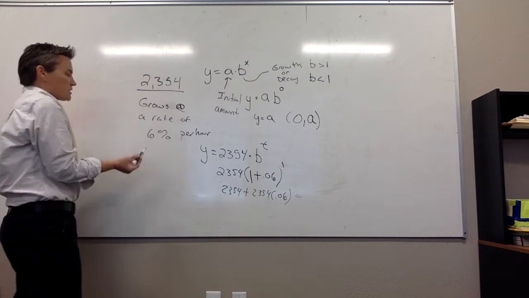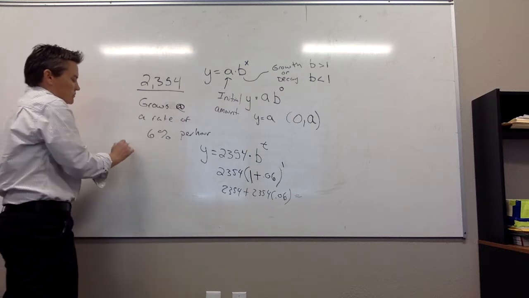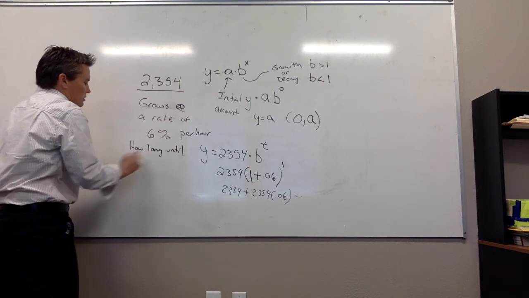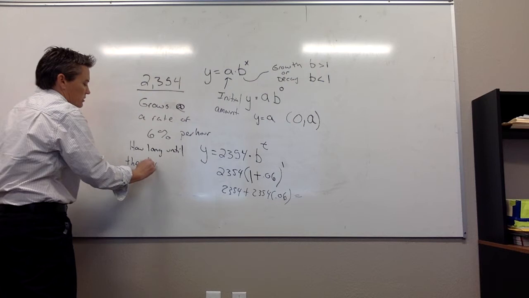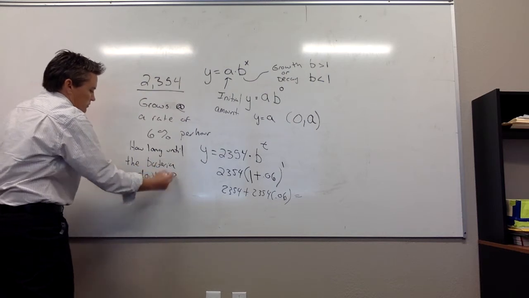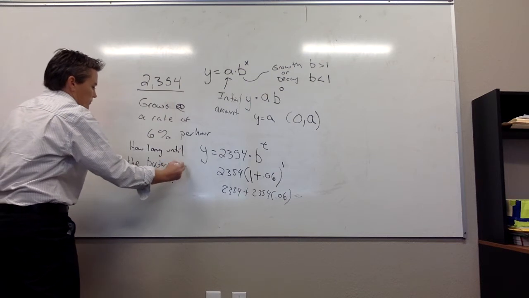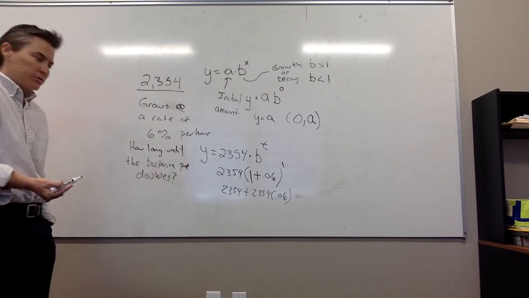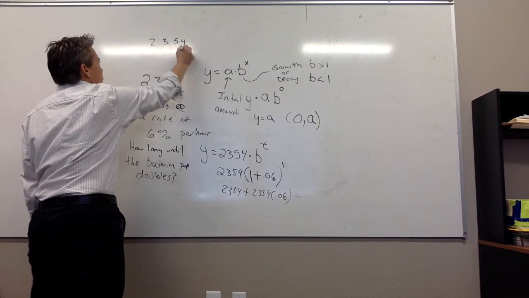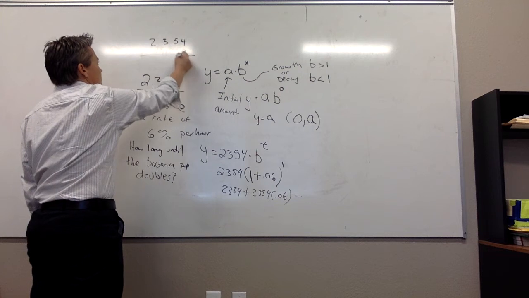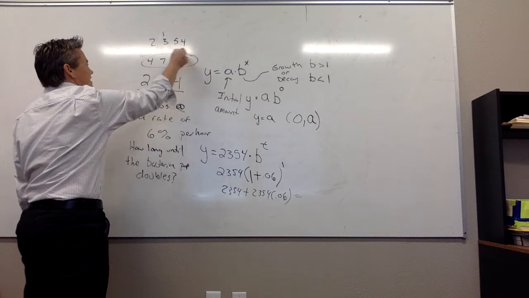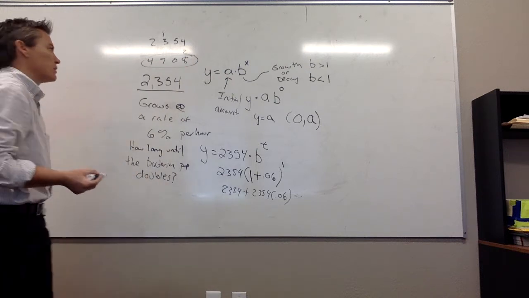Okay, so if the question is asking how long until the bacteria population doubles? So how long until we have 2 times our original population? So how long until we have 4,708 bacteria?